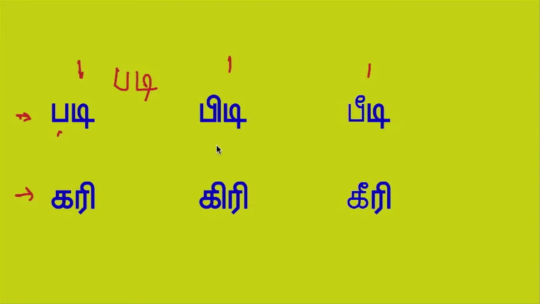So notice we're pronouncing this I as it is, this I as E, and that's only because this I is at the end of the word. Otherwise, it gets the same treatment as the first I here. Pidi, kiri.